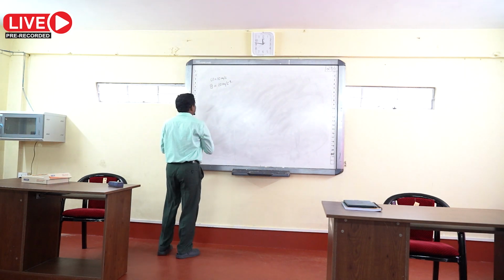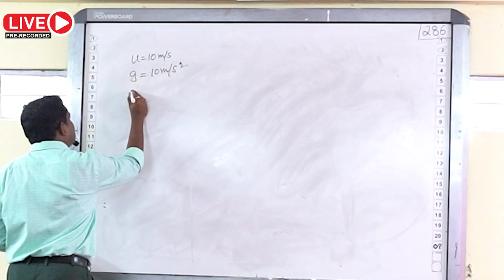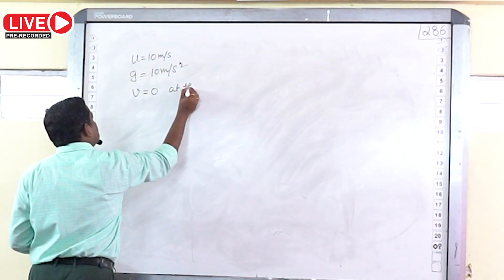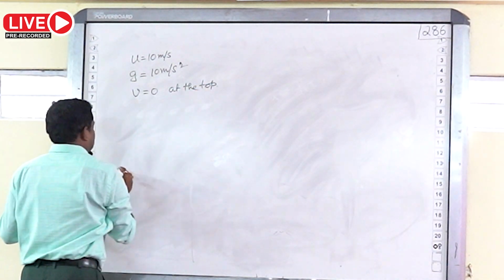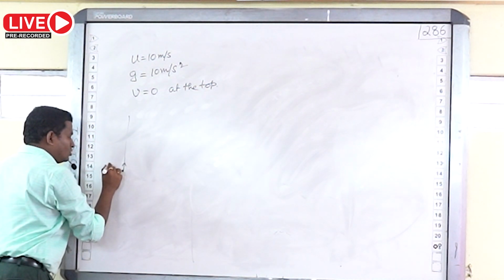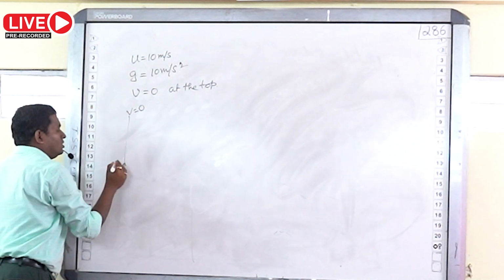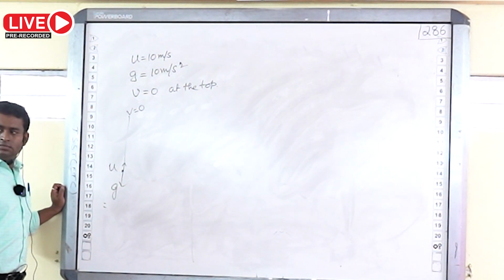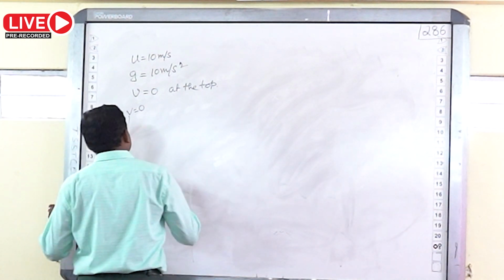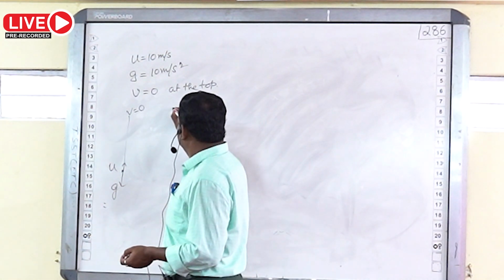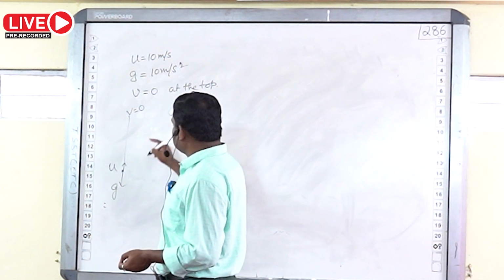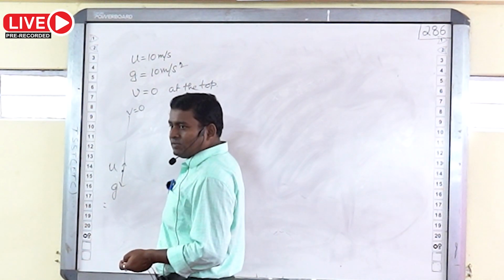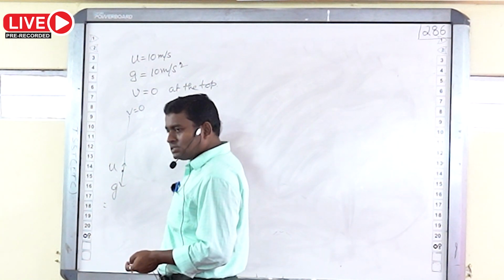So I want to find the time of ascent by considering that v is 0 at the top. So this is the situation. It is thrown with u, this is 0 and gravity is downward. Okay. So I use this equation. Final velocity 0, initial velocity u, gravity is retardation, so minus g.